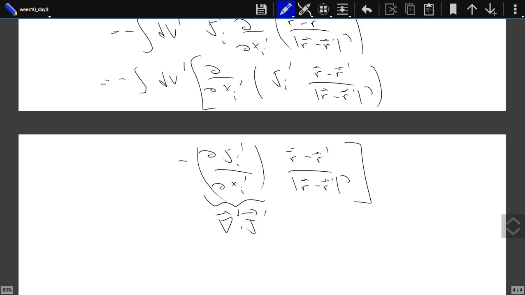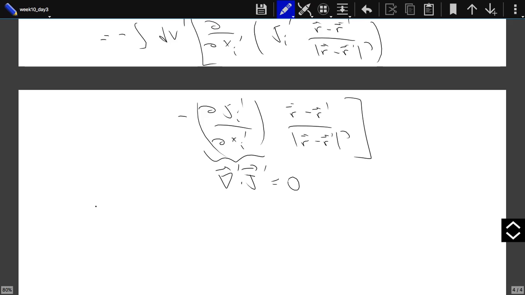But we know that in magnetostatics, the divergence of the current is always zero. Just remember, charge conservation tells us that del rho by del t plus the divergence of j is equal to zero. This is charge conservation. This is true all the time as long as charge is conserved. Magnetostatic means nothing changes in time.